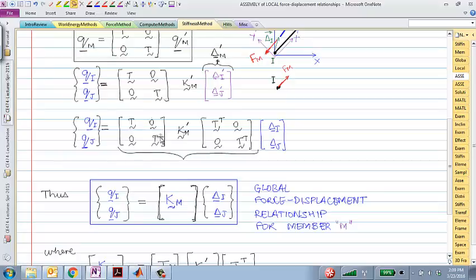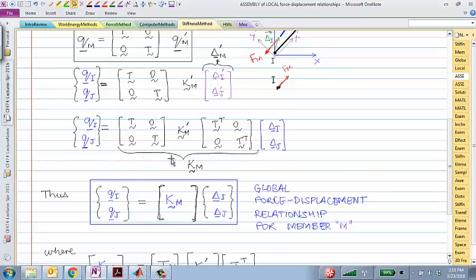And the size of this transformation matrix, each one of them is 2 cross 2. So 4 cross 4 multiplied by a 4 cross 4 multiplied by a 4 cross 4 gives me another 4 cross 4 matrix, right? That 4 cross 4 matrix is what I'm going to call Km global.